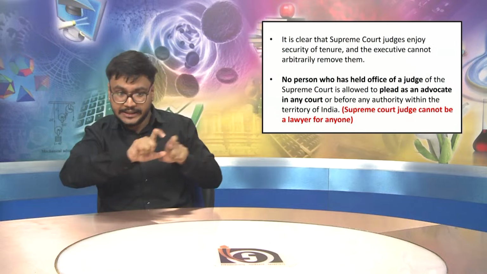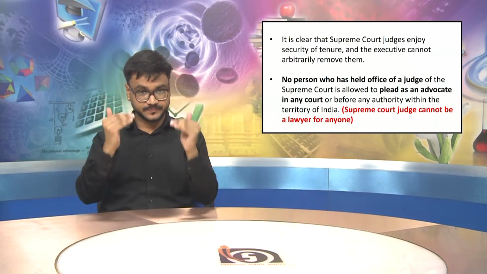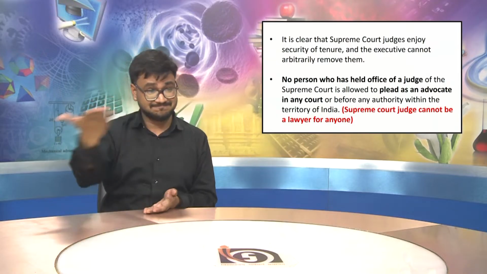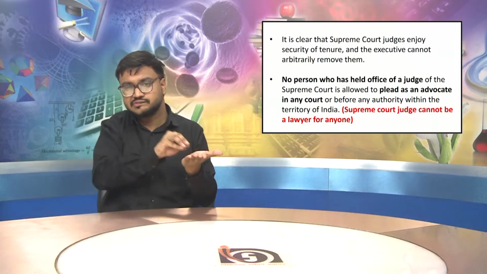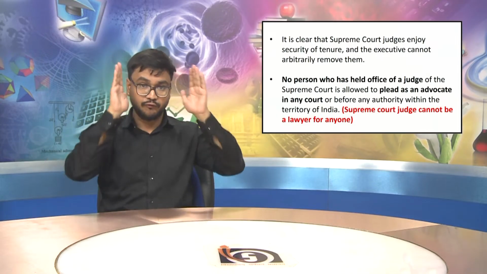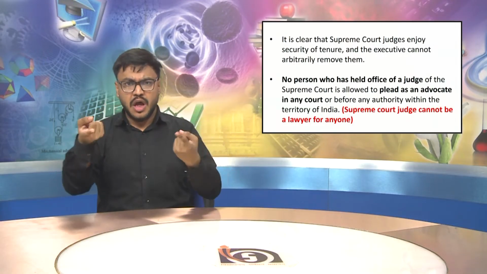No person who has held office as a judge of the Supreme Court is allowed to plead as an advocate in any court or before any authority within the territory of India. A Supreme Court judge cannot be a lawyer for anyone.